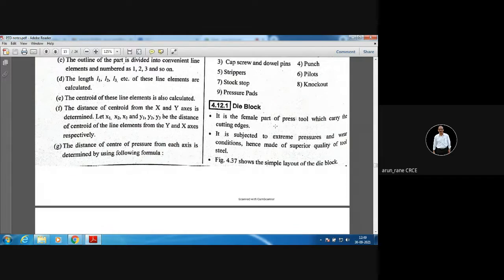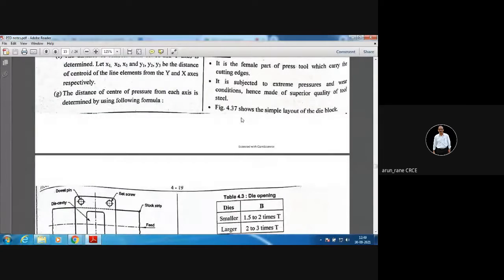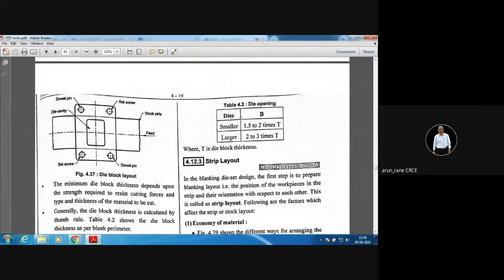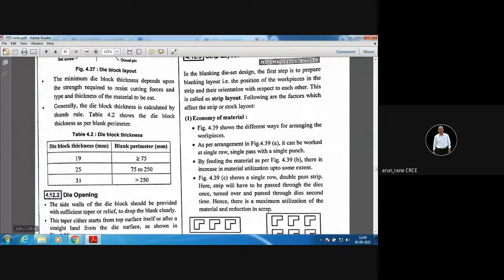So the very first thing is a die block. So how to design a die block? Basically, the length and width of the die block will depend upon your number of stations, that is, how many stations you have.